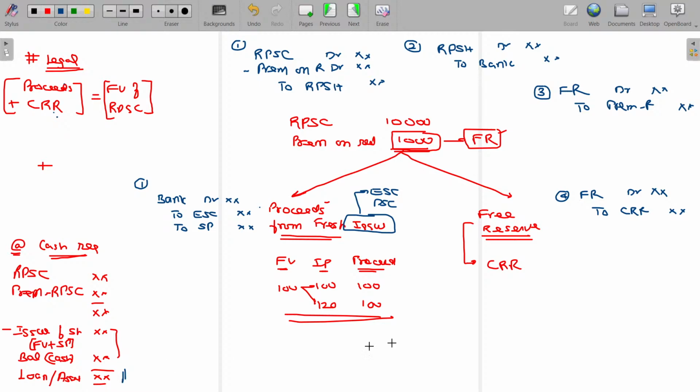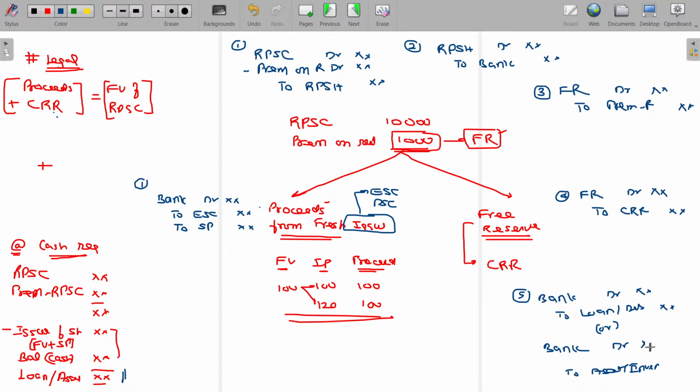For the fund requirement, the 5th entry. If needed, you can either borrow. If you borrow, the journal entry is bank account debit to loan account. Or if you sell the asset or any investment, the entry is bank account debit to asset or investment account, or even loan or debenture.